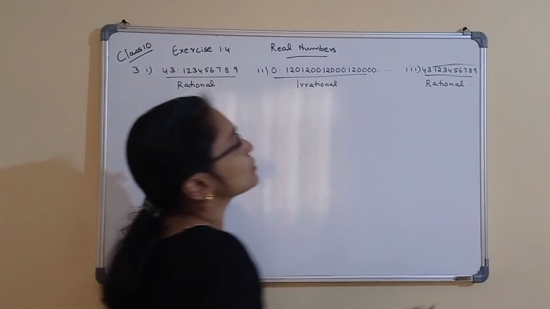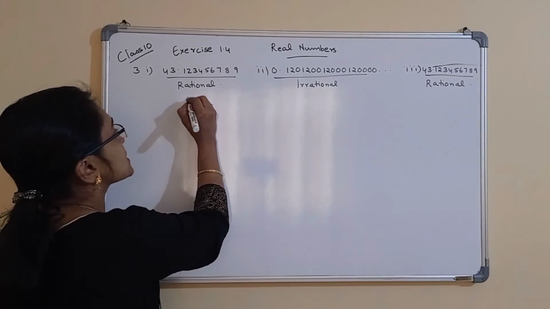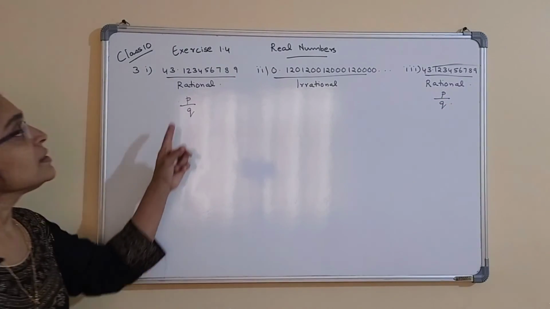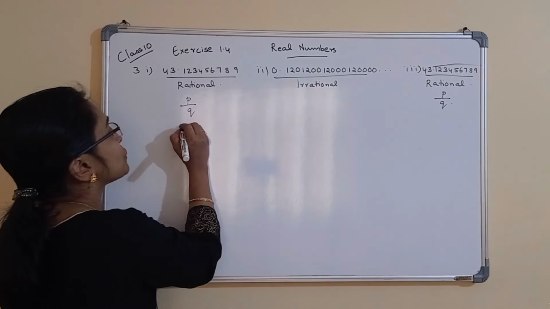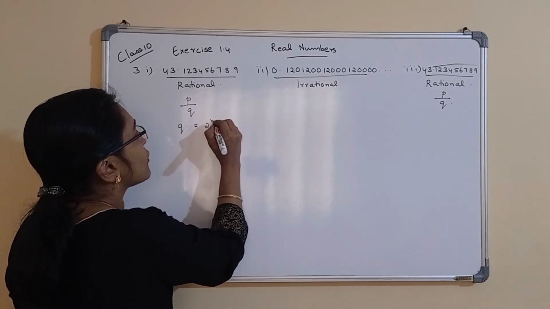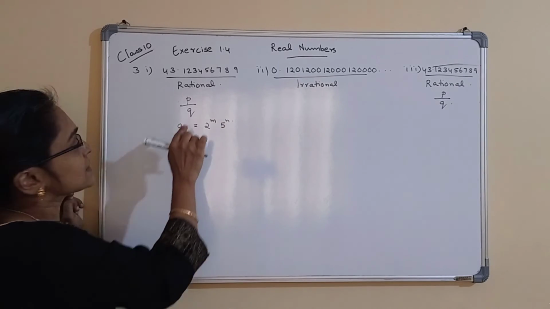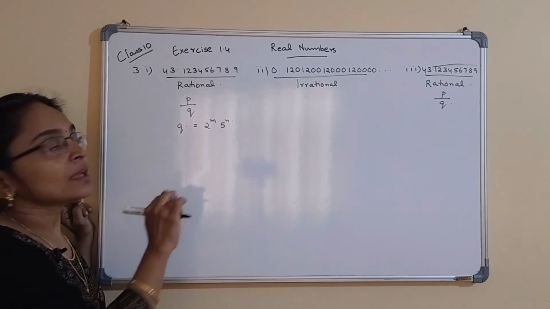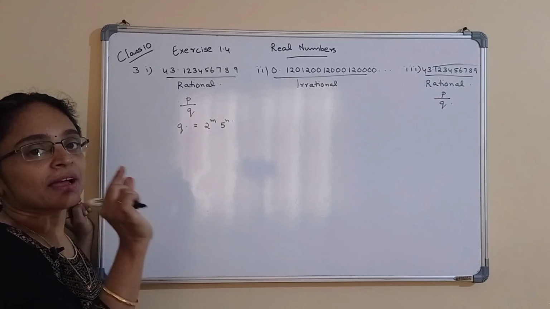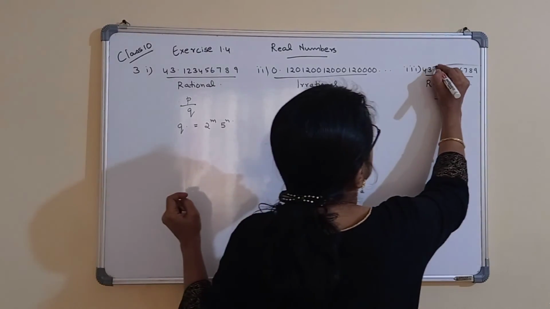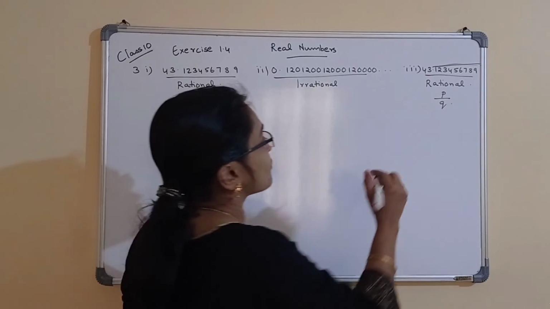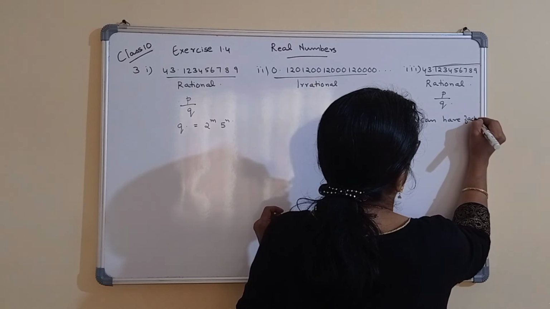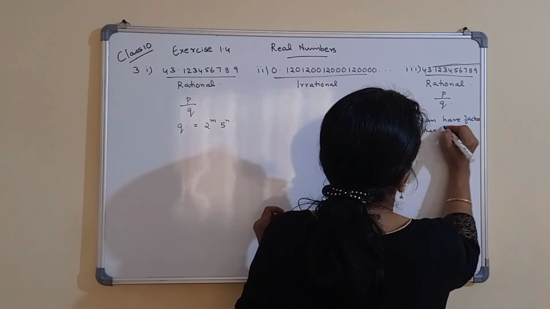And we have to say about this. So this can be expressed as p by q, and this can be expressed as p by q. This is terminating, which means the factors of q are of the form 2 raised to n, 5 raised to n. That is, q can have only the factors 2 and 5. And in this one, q can have factors other than 2 and 5.